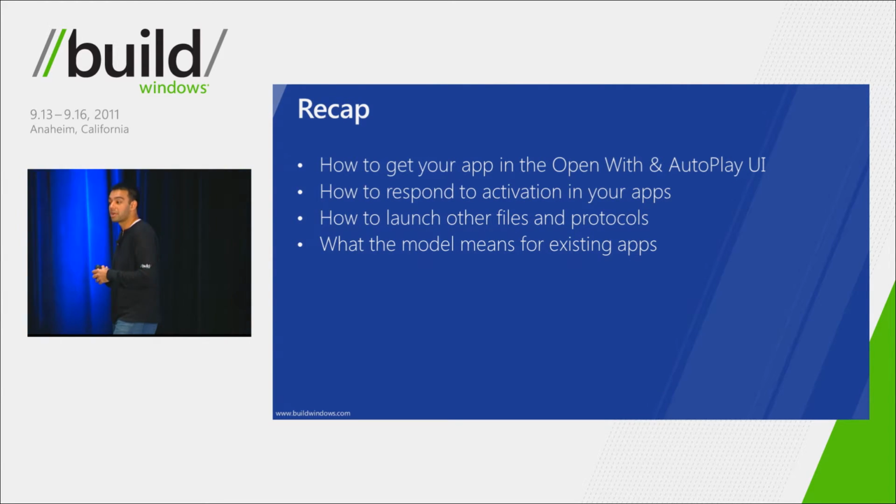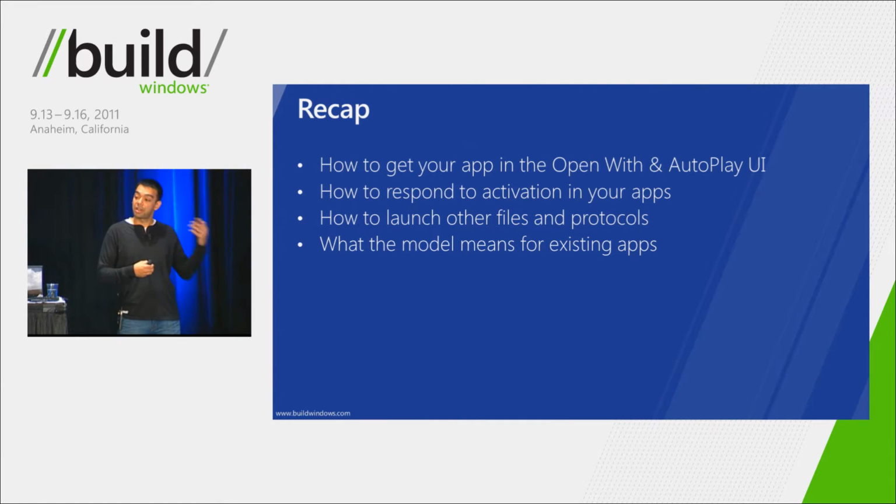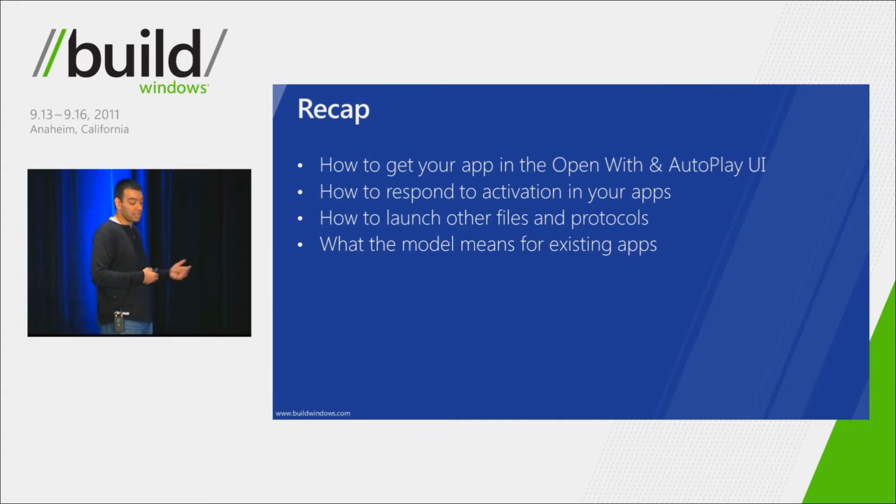Windows is taking that burden, and we've simplified the model significantly by just leveraging the declaration model for your Metro-style applications, using the application manifest to do so. We've also reduced the cost for uninstall because now Windows will make sure that your application gets registered for the right defaults at installation and make sure the registrations are cleaned up when your application gets uninstalled.